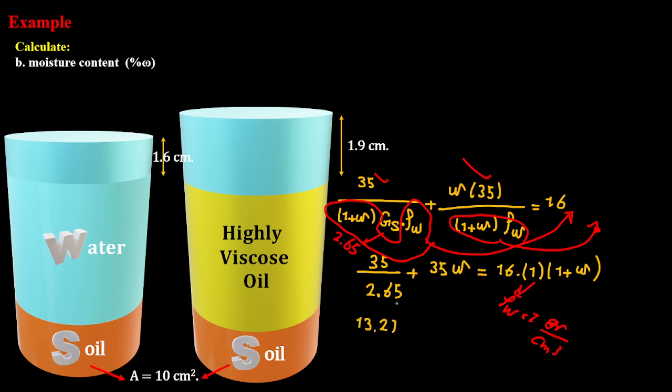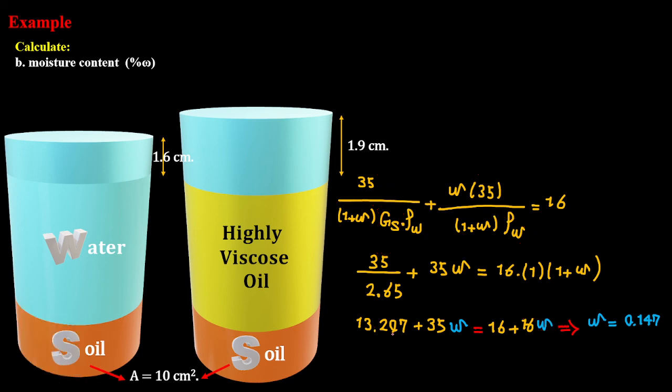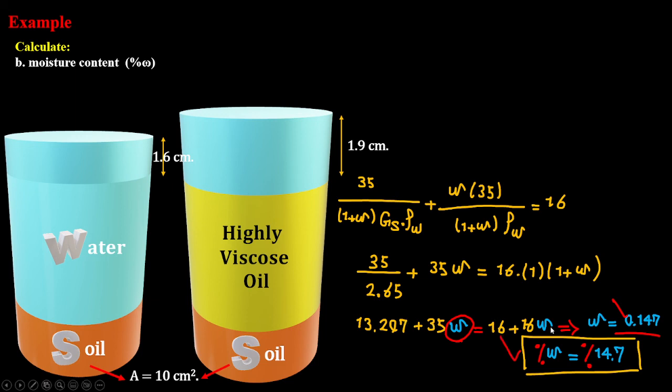If you do the math and make it clean, it gives you an equation based on w, the moisture content. If you solve the equation, the moisture content for this problem is almost 14.7, almost 15%. We'll solve more problems. Thank you.